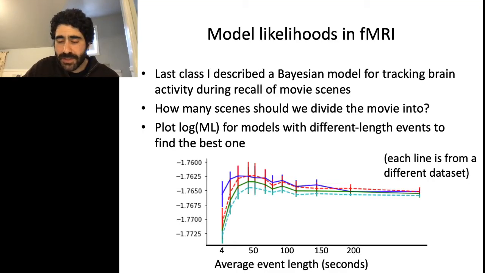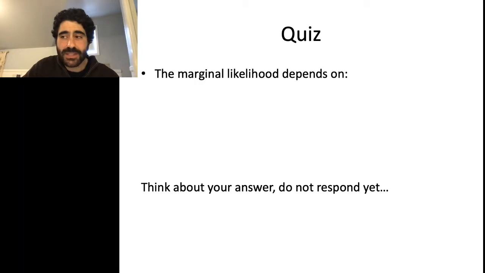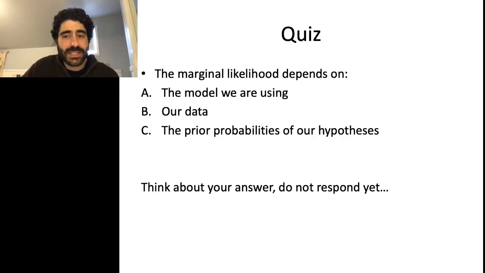Okay, so before we start doing math, let's do a quick quiz. This marginal likelihood that we're trying to compute, what does it depend on? A, the model we're using, B, our data, C, the prior probabilities of our hypotheses, or D, both the model and the data.